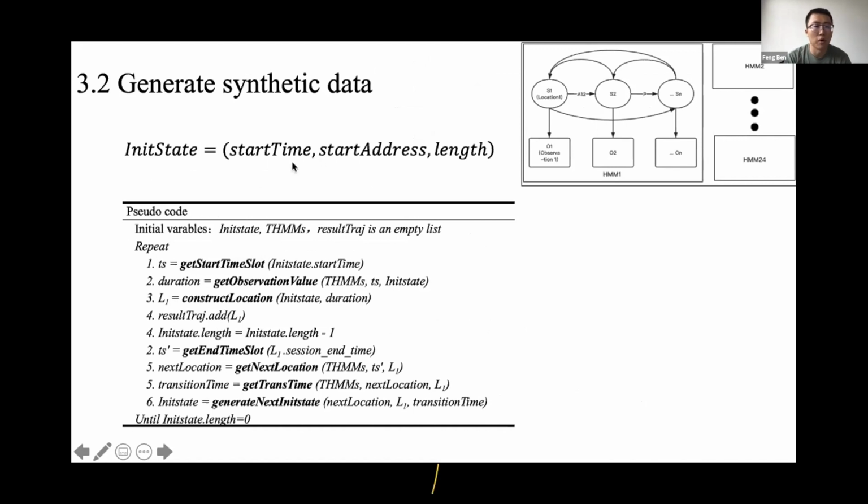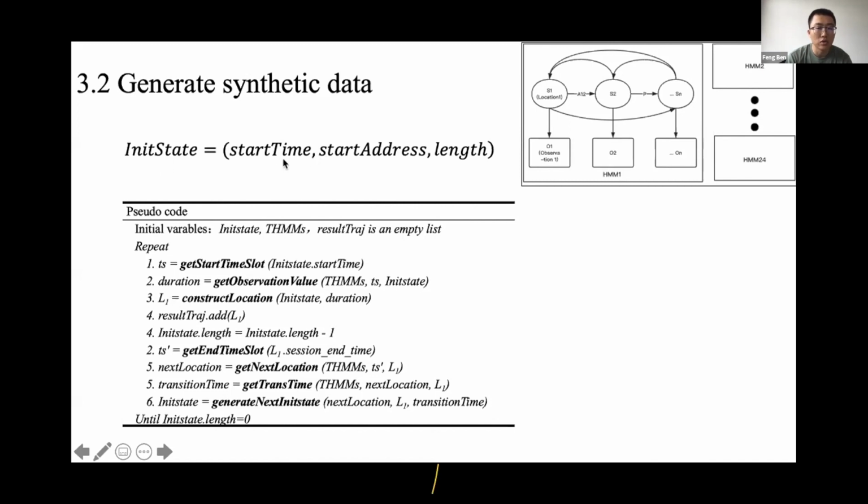After constructing the model, we can begin to generate the synthetic data. The following steps are used to generate a trajectory for one device. If we want to generate 1,000 trajectories, we can repeat it 1,000 times. An init state is required before generation.